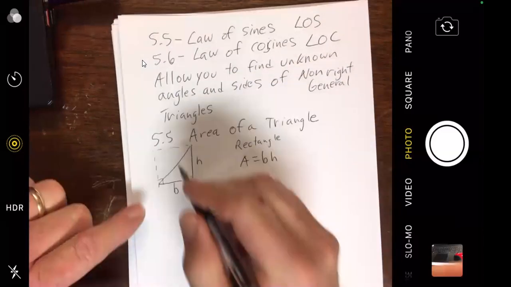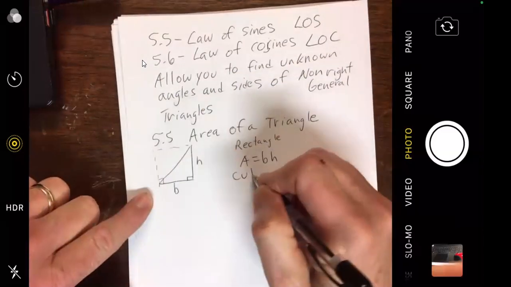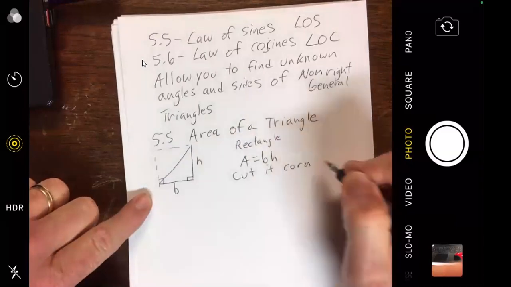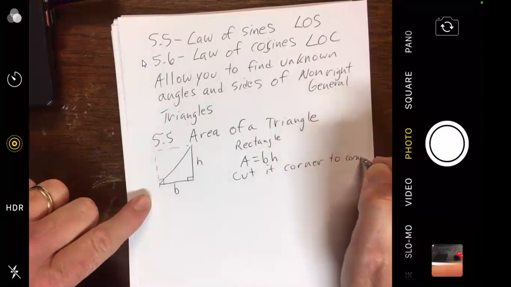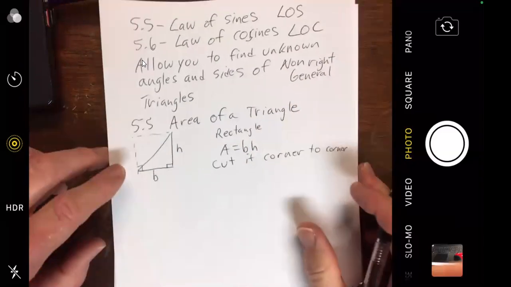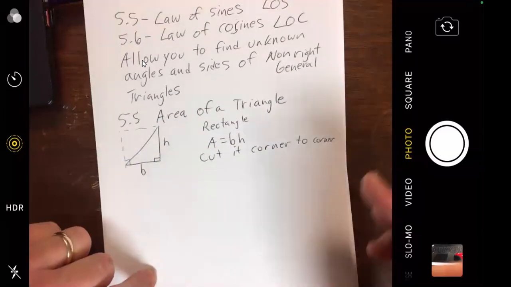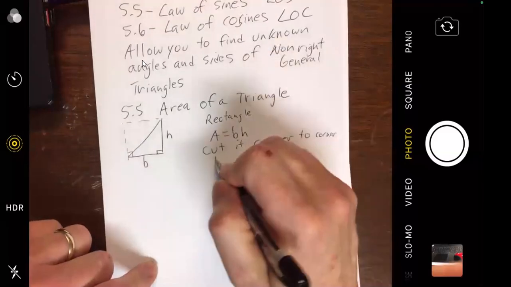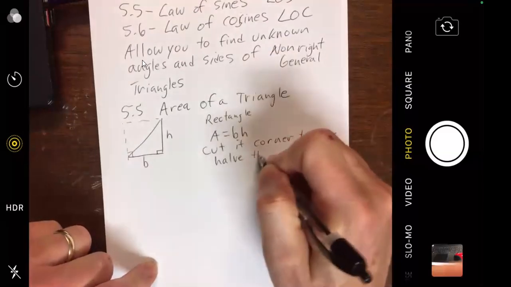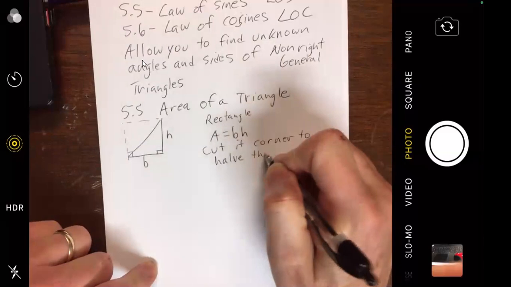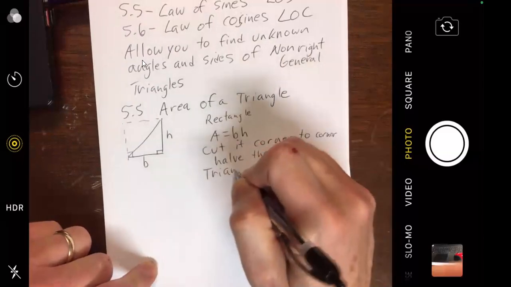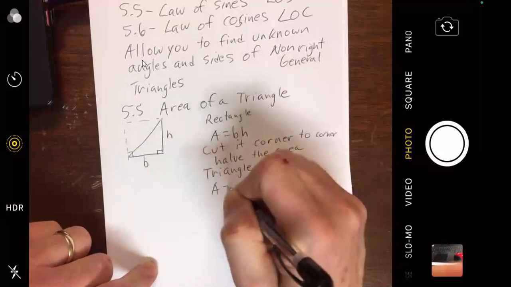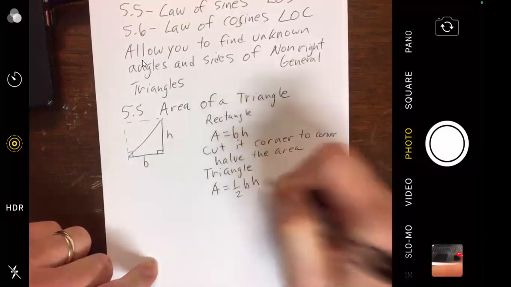But when you cut it corner to corner, you have half the area. So for a triangle, your area is a half times base times height.